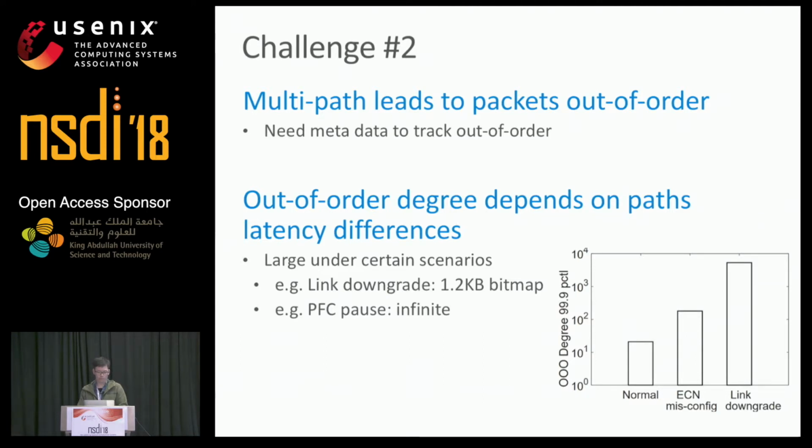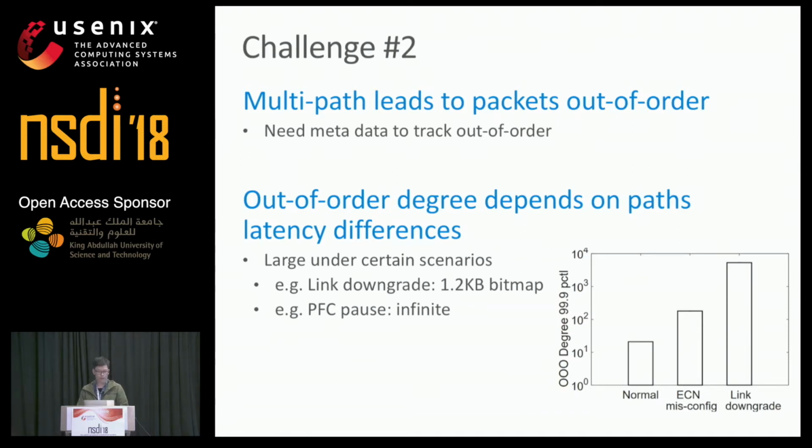For example, if we misconfigure one ECN threshold on one of the sending paths, then the out-of-order degree will increase a lot. Another scenario is when the link of one sending path is downgraded from a high speed to some low speed, so the out-of-order degree will also increase.